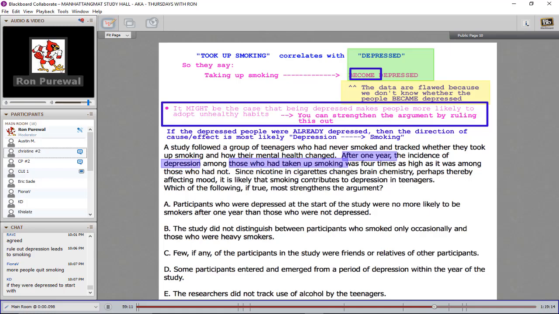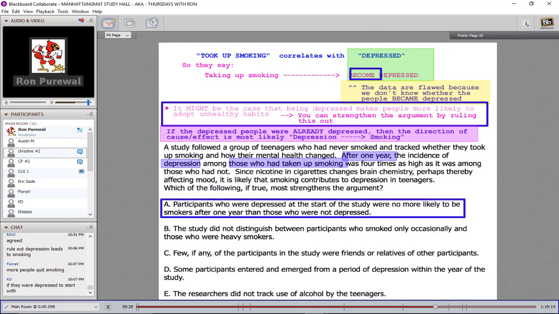Because basically if the depression was there first, then that means the causation could not possibly go this way. That's what choice A does. Participants who were depressed at the start of the study were no more likely to be smokers. So what this is doing is it addresses the problem with the data, and it also rules out this direction of causation.